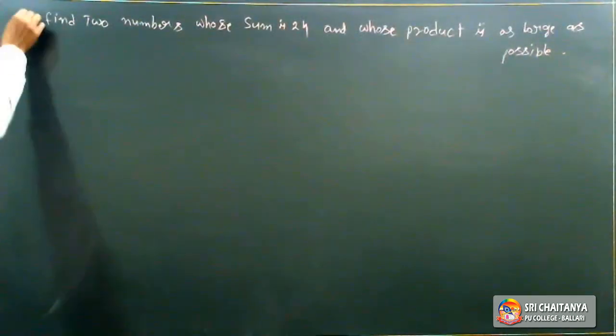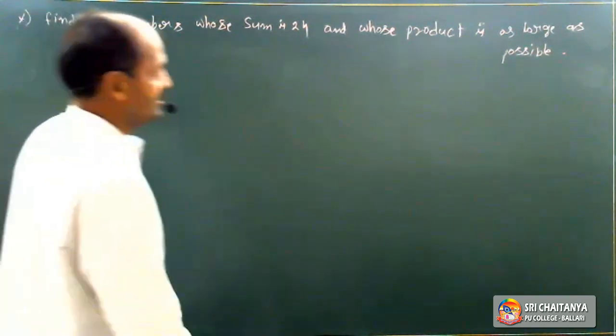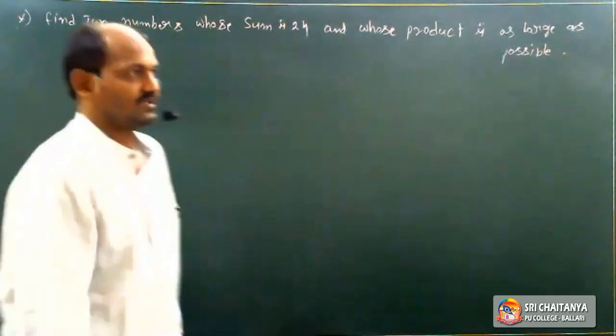Find two numbers. Its sum is 24 and whose product is as large as possible.